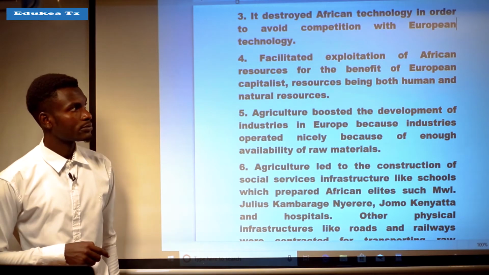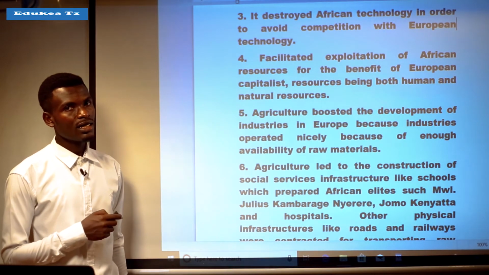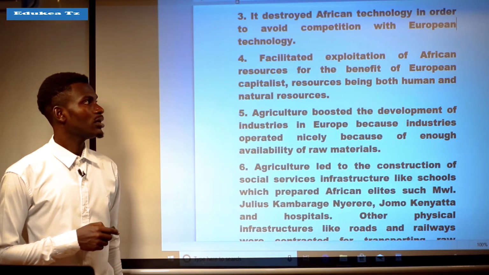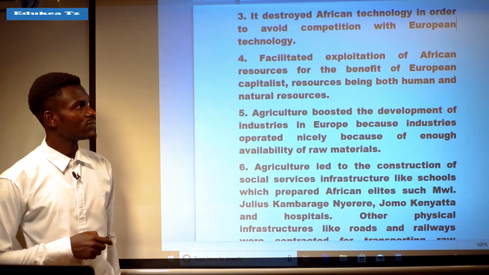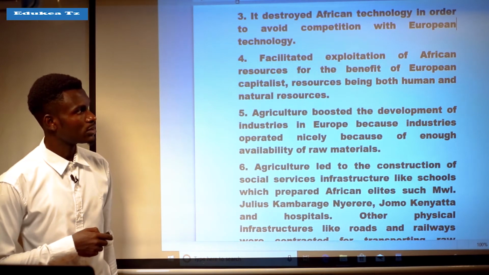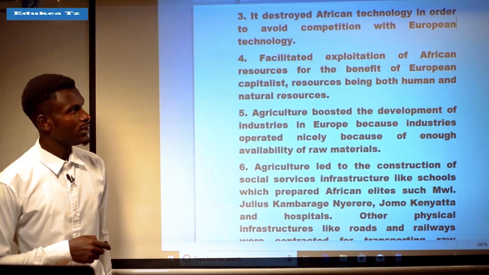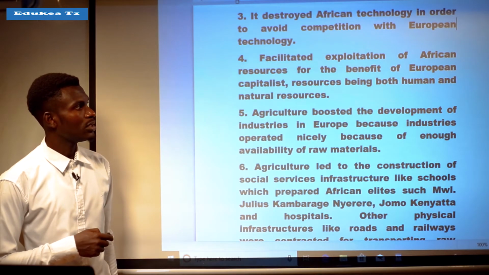To mean that agriculture facilitated the exploitation of African resources for the benefit of European capitalists, both human and natural resources.